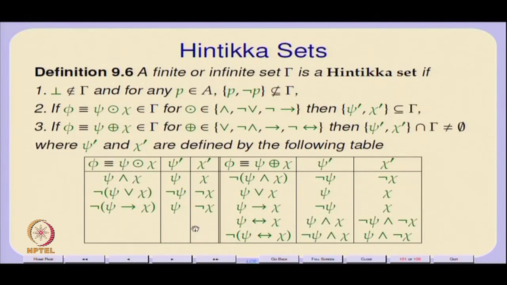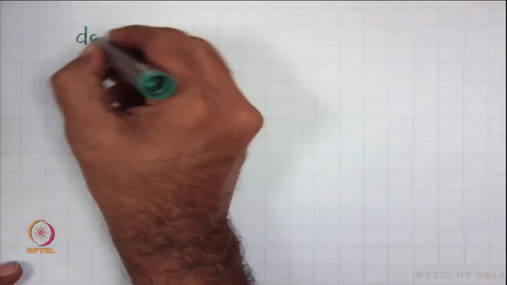So, this is how we will define a Hintikka set. Essentially, a Hintikka set is a set which is what is known as downward saturated.